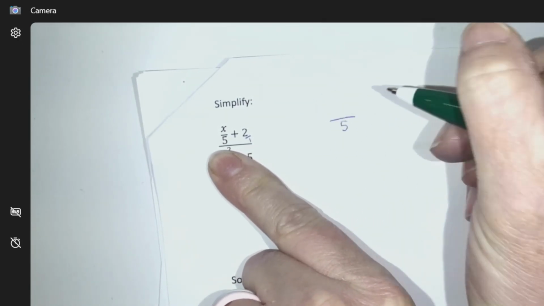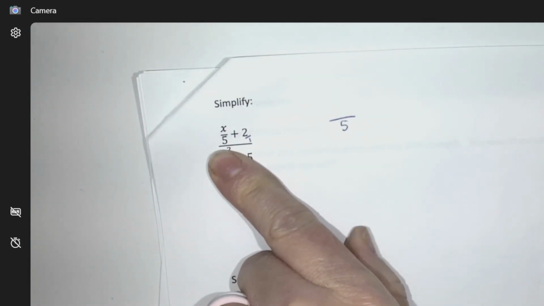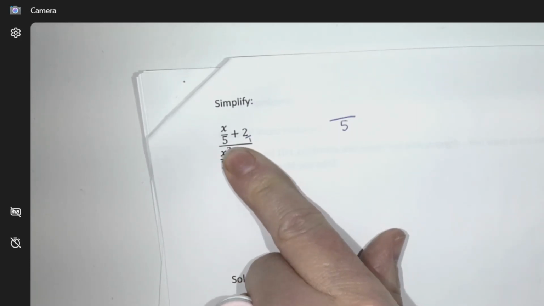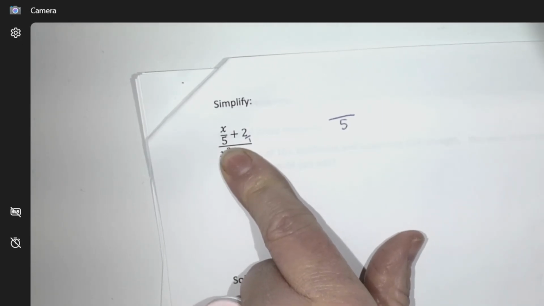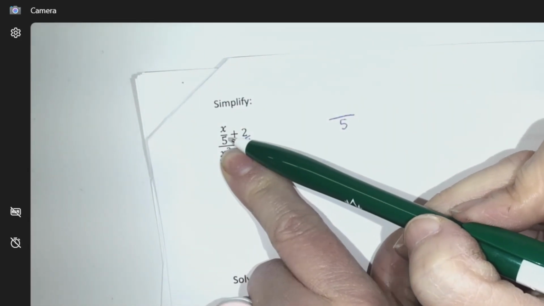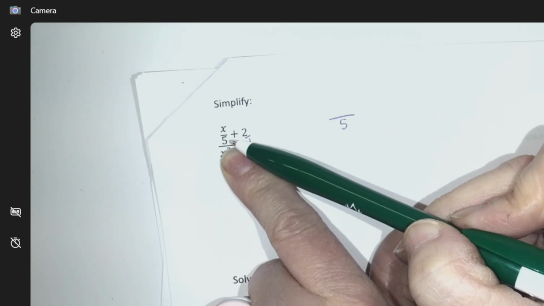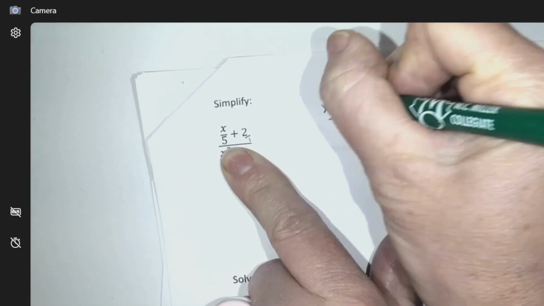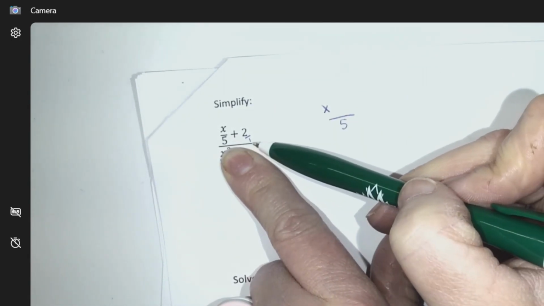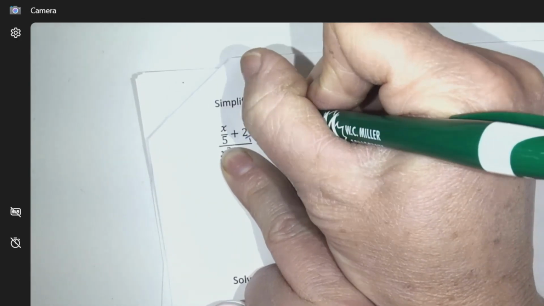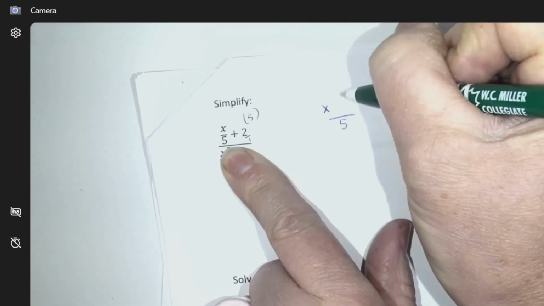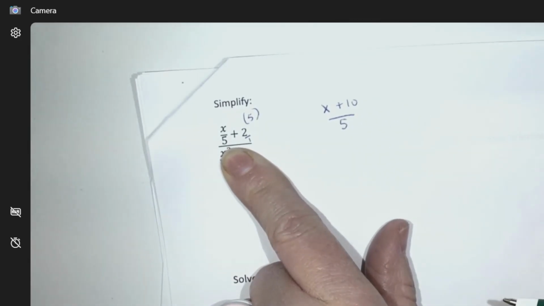So I'm going to have to put them both as over 5. Okay, so if this was over 5, nothing happened to it. X. If this has to turn into a 5, then this would have to turn into a 10.